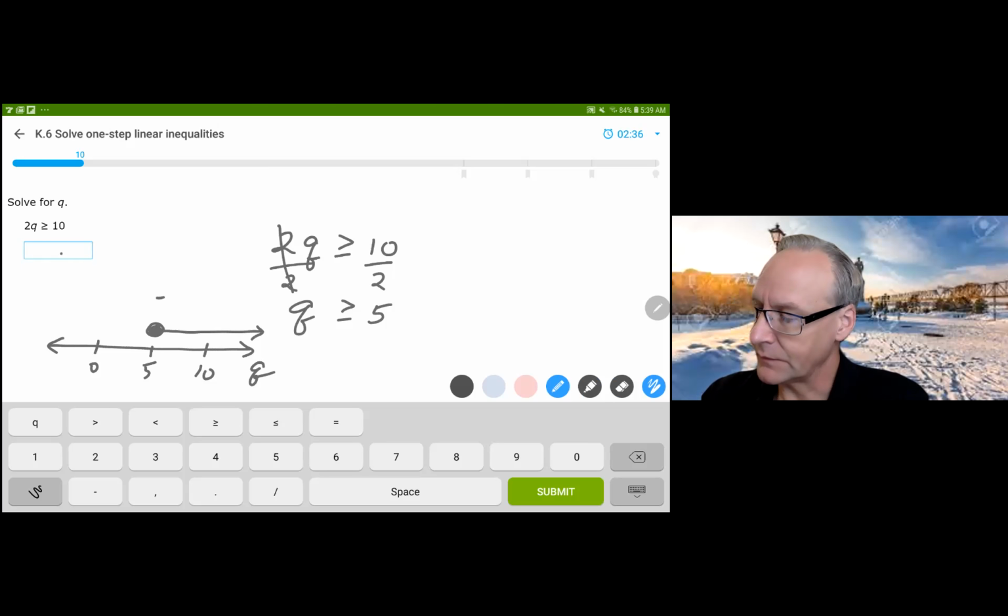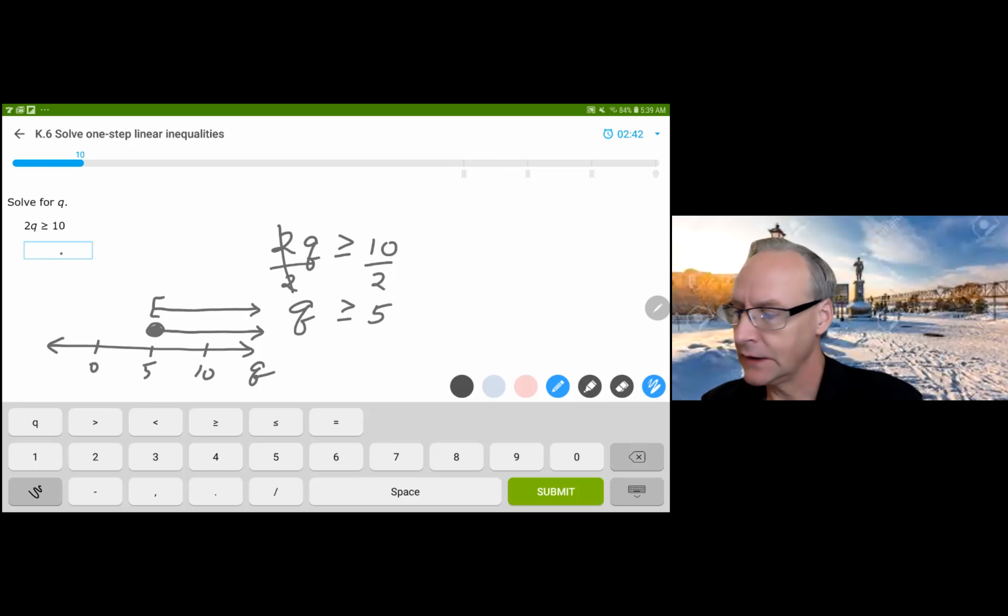And like I said, some textbooks are going to use the bracket. And the reason the bracket is included is because the 5, q could be 5. It doesn't seem like a big deal because 4.999, what the hell, it's close enough to 5. But in mathematics, we're being very specific.